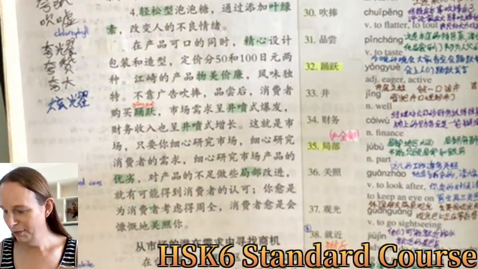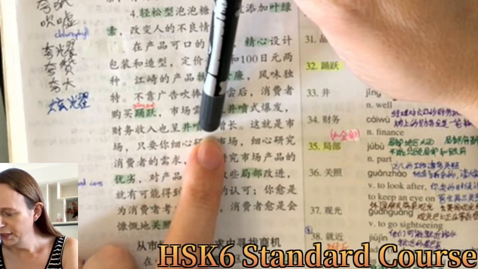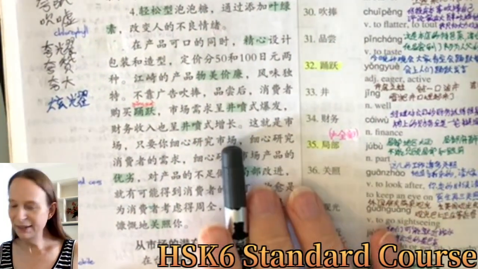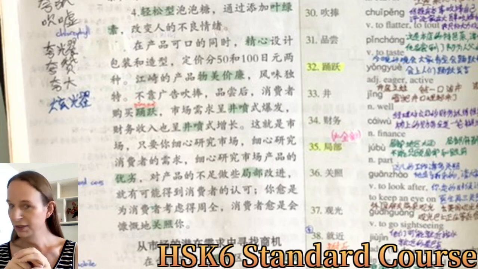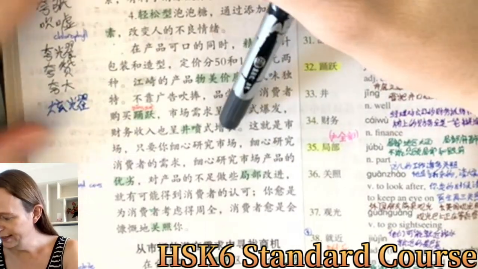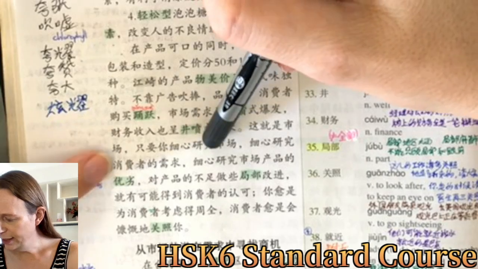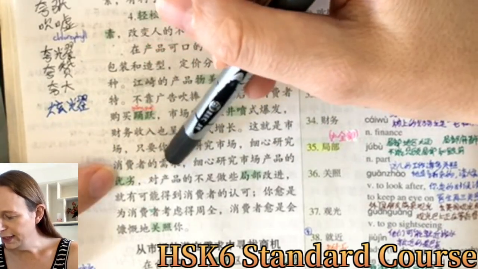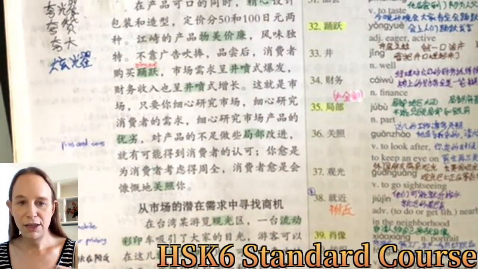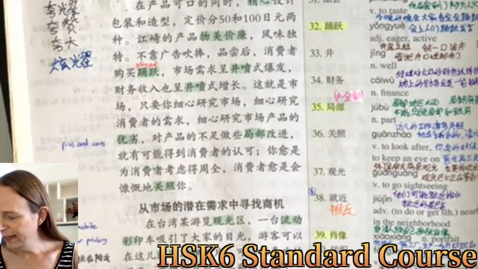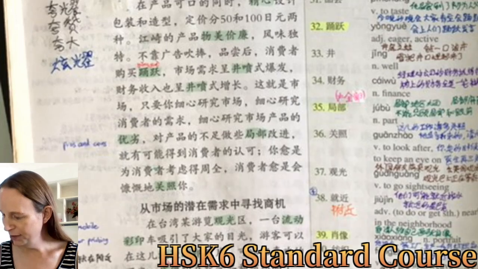All right, 井喷式爆发，财务收入也呈井喷式增长。Yeah, so 增长 doesn't necessarily, is it 增长？Yeah, it's just growing, isn't it? 这就是市场。只要你细心研究市场，细心研究消费者的需求，细心研究市场产品的优劣，对产品的不足做些局部改进。局部改进 partial improvement.